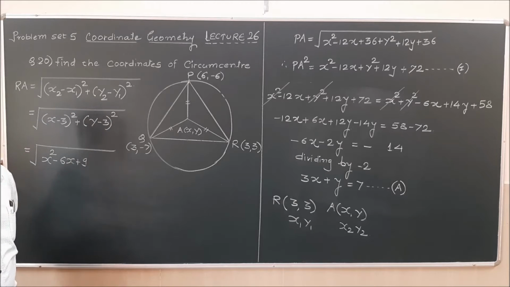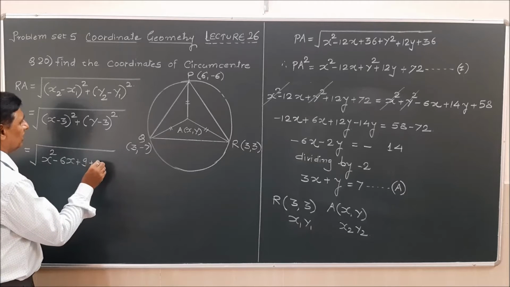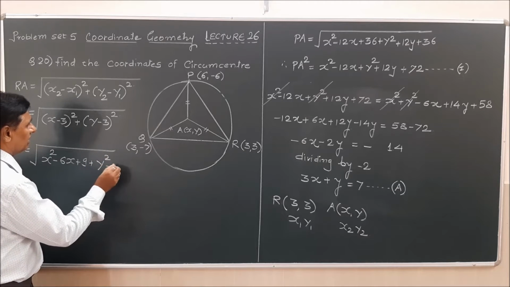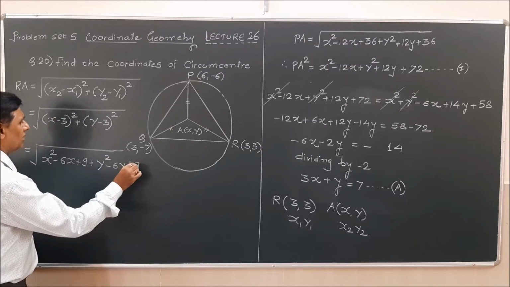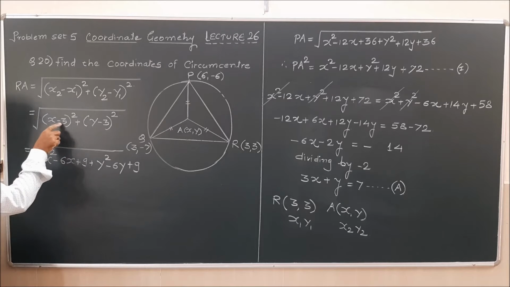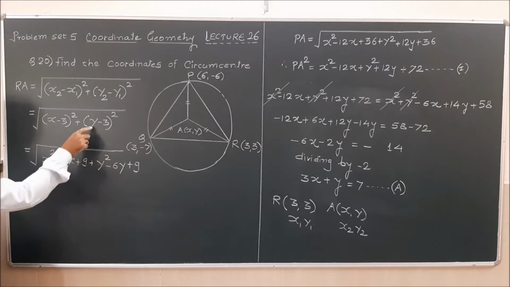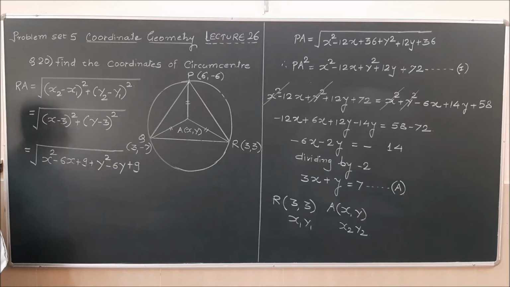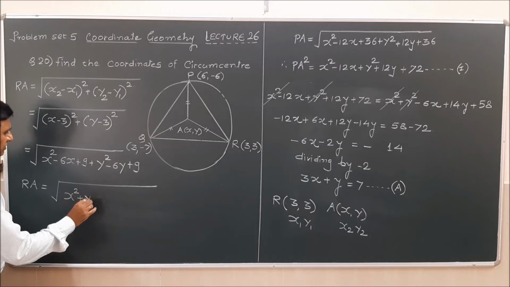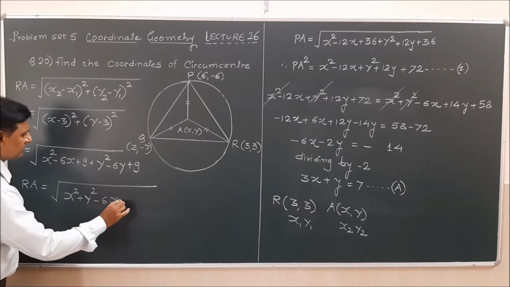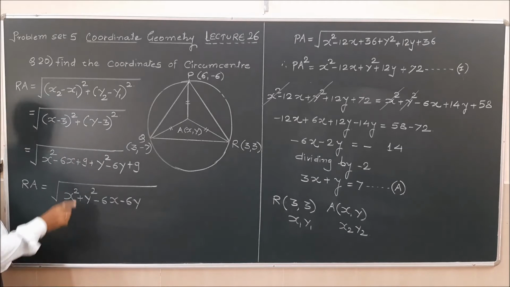And the second one I am going to expand by the same formula, a square minus 2ab plus b square. Therefore, RA is equal to root of x square plus y square minus 6x minus 6y.